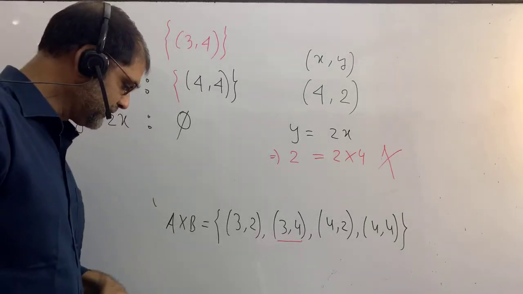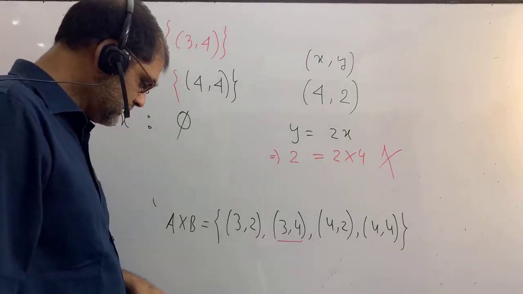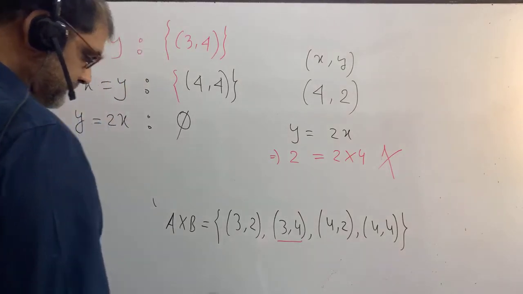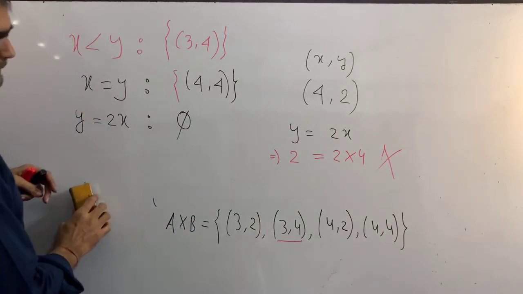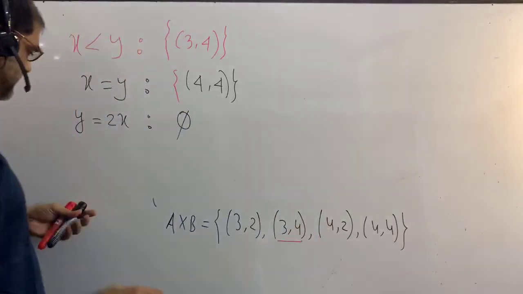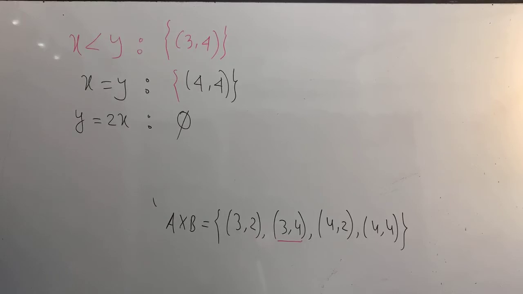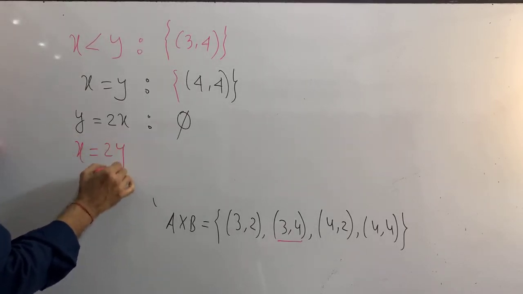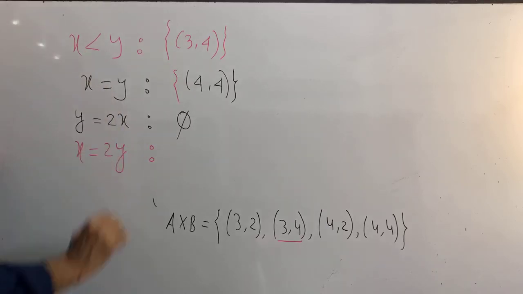None of you wrote this, right? Oh yes, someone has written empty set. Okay, now if the question is given like this, x equals to 2y, then what should be our answer?